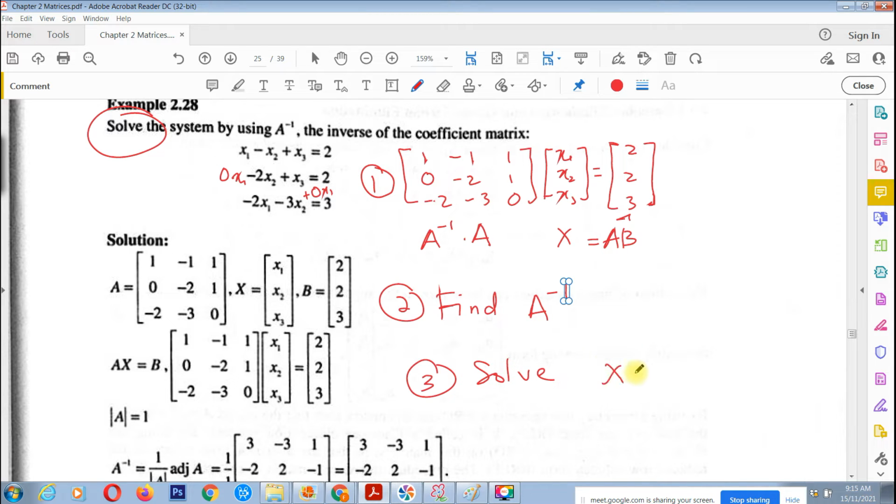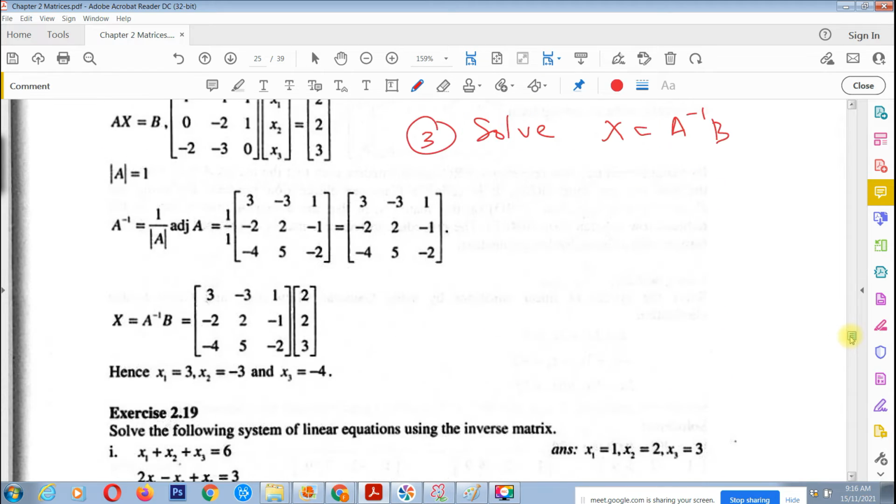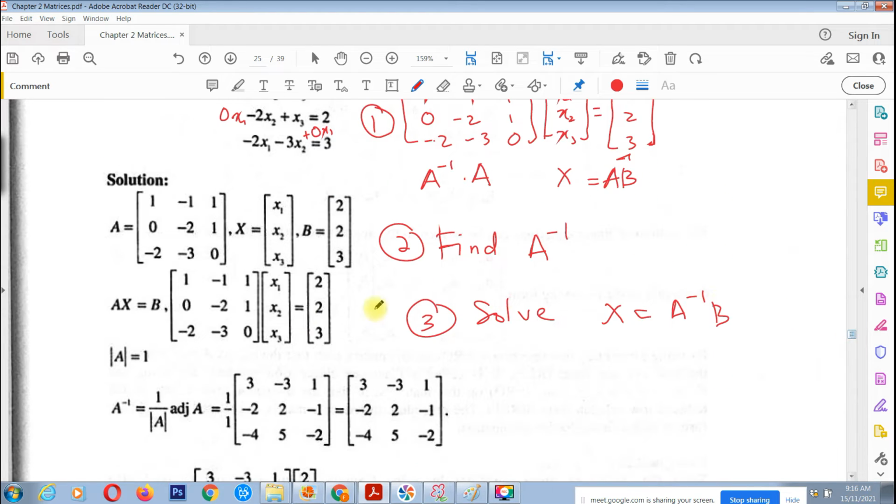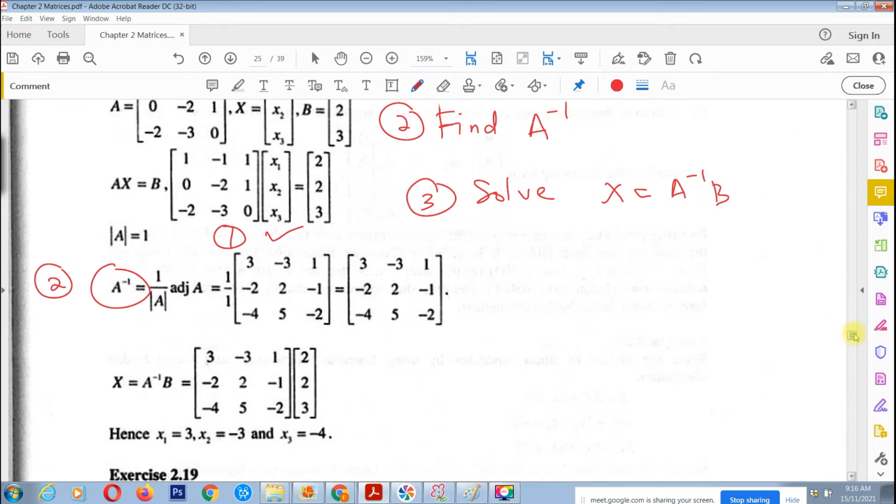Solve X equals to A inverse B. So we will get the solution. So first perform this formula and then find the inverse. This is the first step. The second step, find the inverse. Third step, we solve the solution. We multiply this. So what will we have?